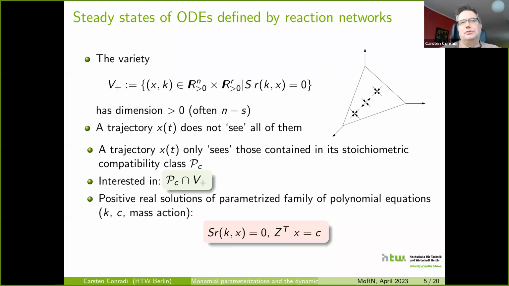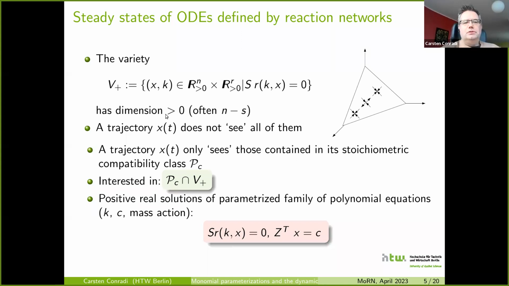So I like to think of this variety as something that lives in the space of concentrations as well as the space of rate constants. In all the systems that I consider throughout this talk, this variety will have a positive dimension, and often the dimension is complementary to the dimension of the stoichiometric subspace. So this variety contains infinitely many steady states.